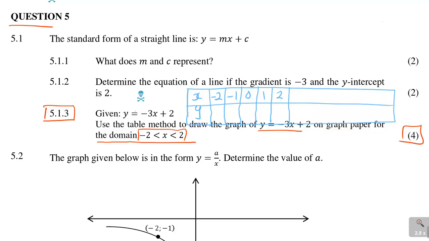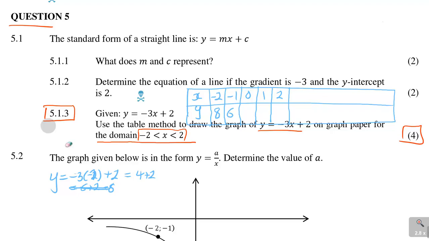So when you're calculating with the calculator, when x is -2, you're saying -3 times (-2 plus 2)... that's what you're saying. So -3 times -2 is 6 plus 2, which is 8. So here you write your 8. You change from -2 to -1: -3 times -1 is 4 plus 2... then you've got your 6.